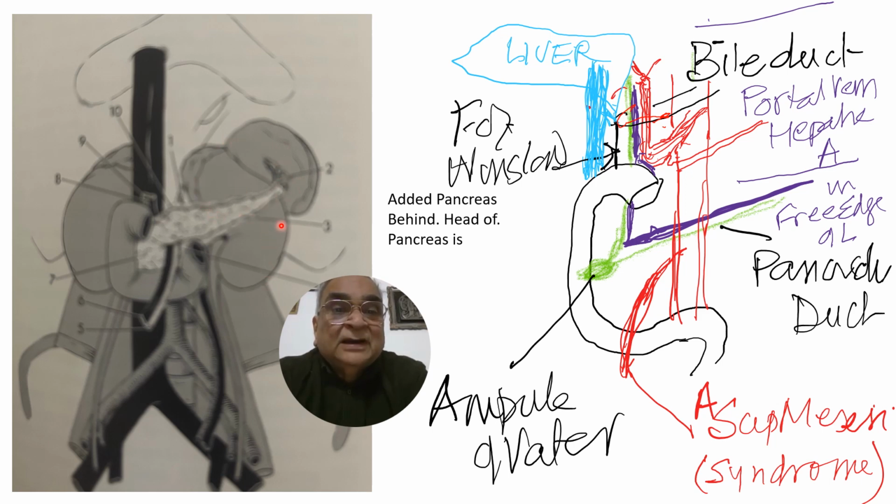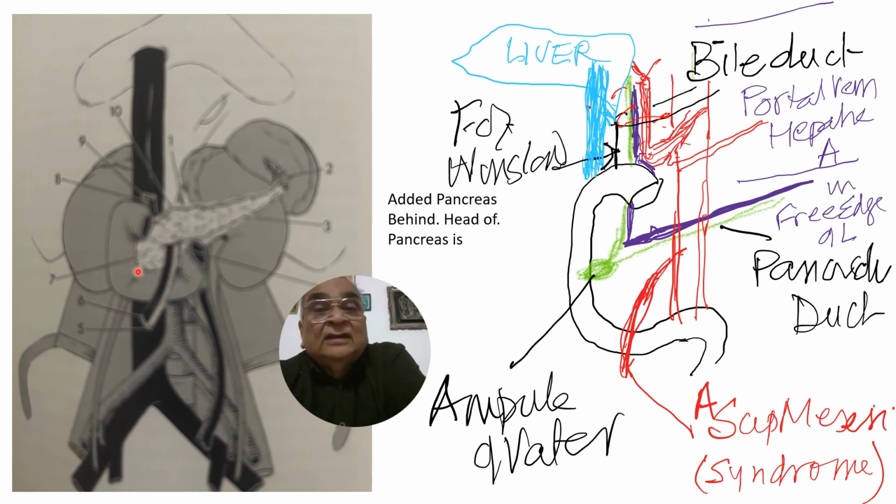Superior is the stomach and inferior is everything below the colon, that means the jejunum and the ileum. So now the pancreas is crossed by the superior mesenteric artery and vein, which cross the third part of the duodenum and can cause obstruction of the third part, which is called the superior mesenteric artery syndrome.